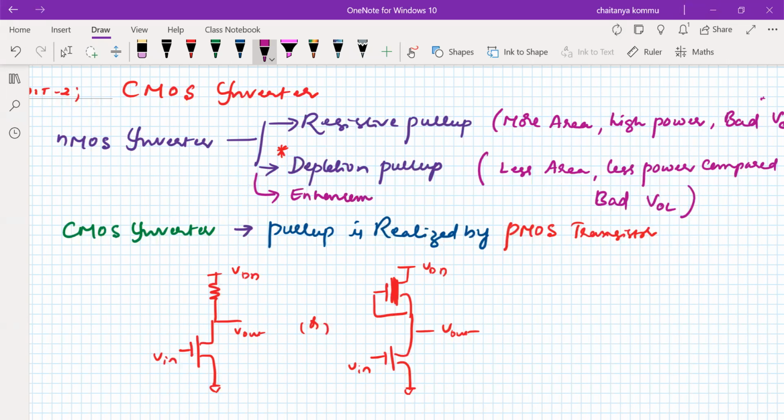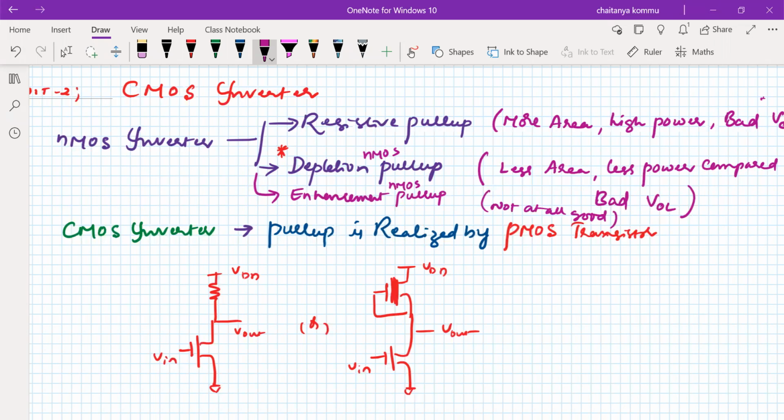Enhancement pull-up we have seen, but very bad, whether NMOS enhancement pull-up or depletion NMOS pull-up. Everything is bad here, not at all good. Output high value, output low value, and power consumption are all very bad, so we will not achieve the optimum solution.